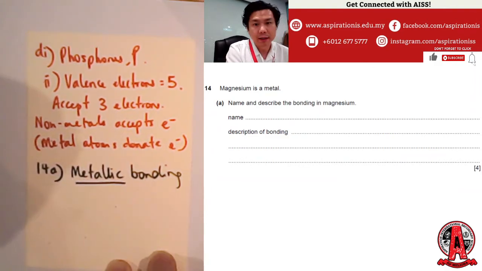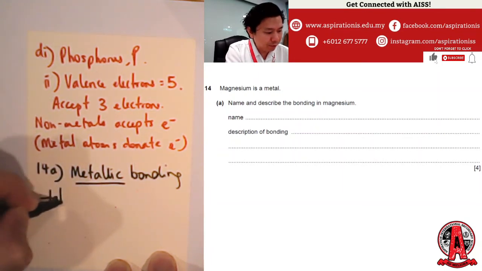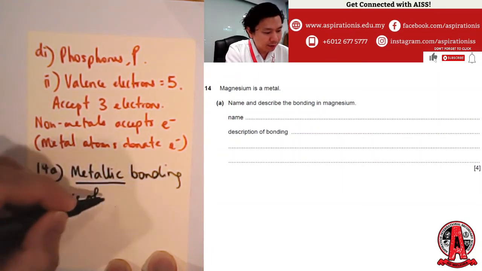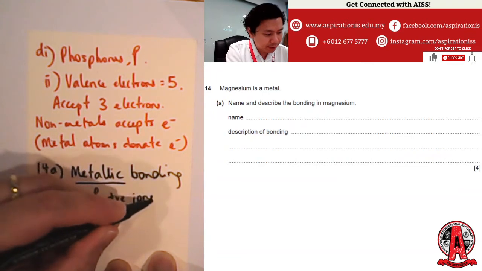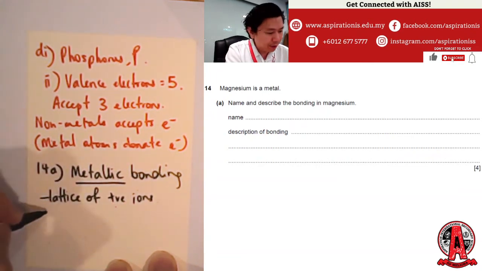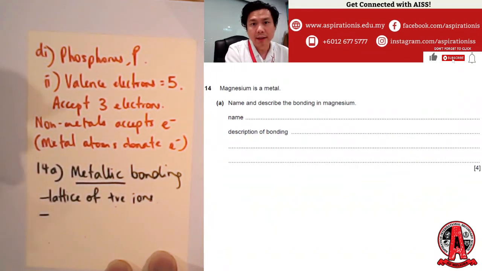Metallic. And the description, alright? So the description is what we have done earlier, a lattice of positive ions, right? You can refer to our earlier discussion.